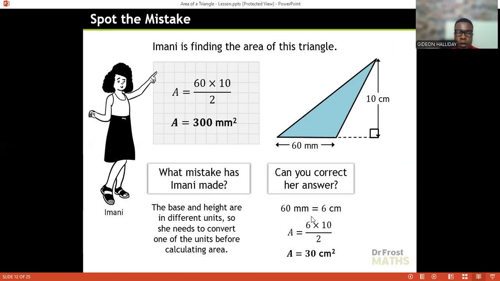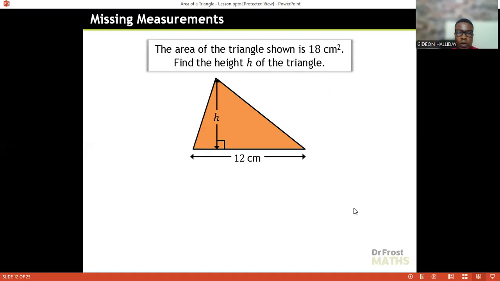Yep, 30 centimeters squared. All right, so another problem you might face is looking for the missing side. Here, the area of the triangle is shown to be 18 centimeters squared, so find the height.